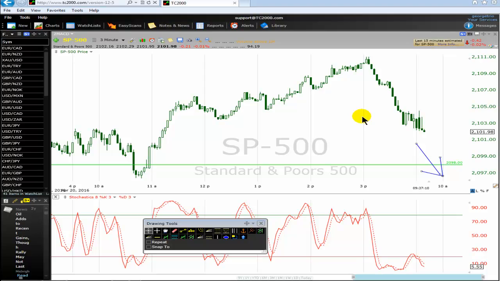All right. First thing, my friend, why am I selling? That's a very good question. If you want to sell, the price should be at least at a resistance level, or should break below a support level, or break below a bullish trend line.